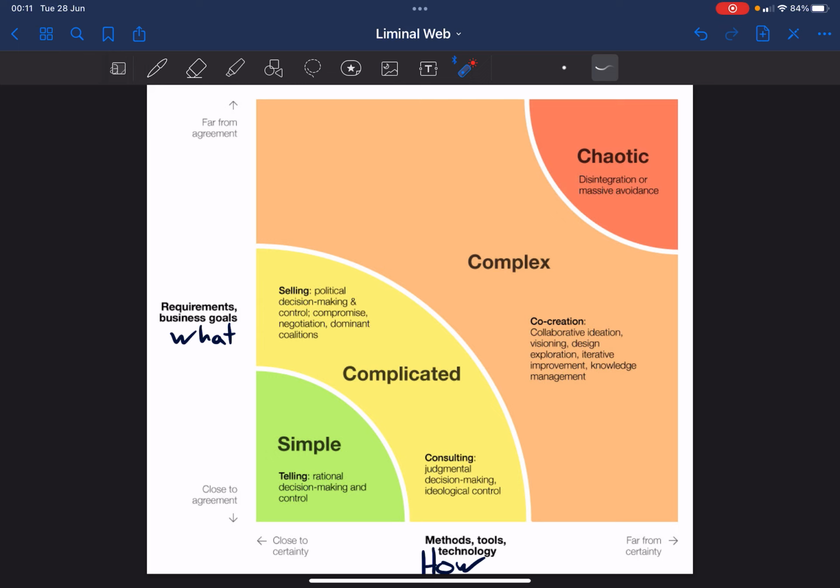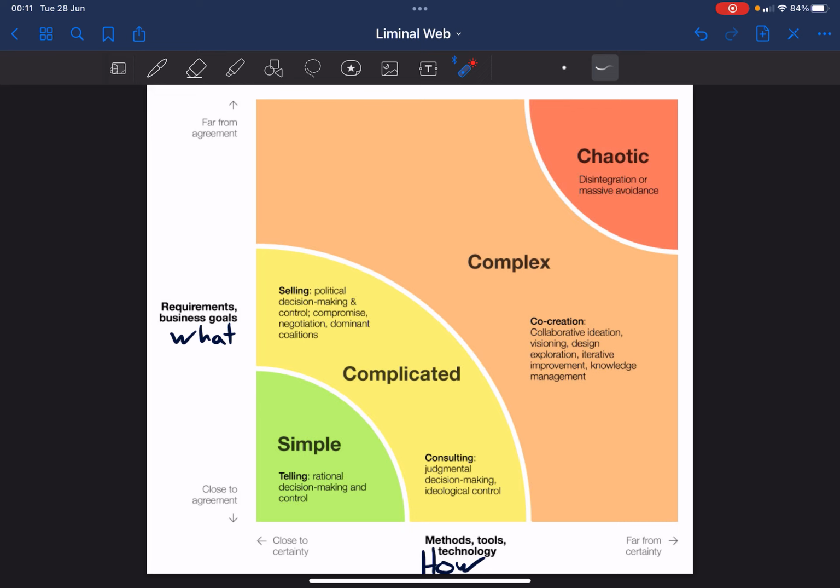If we're close to certainty, if things are predictable about how those solutions or those requirements will unpack, or if we find ourselves far from certainty, we're not quite sure how we're going to accomplish our business goals. And if there's a lot of unpredictability, we find ourselves on the right.